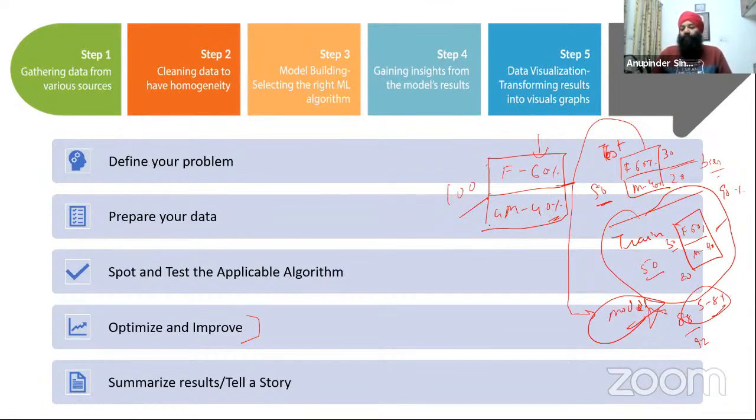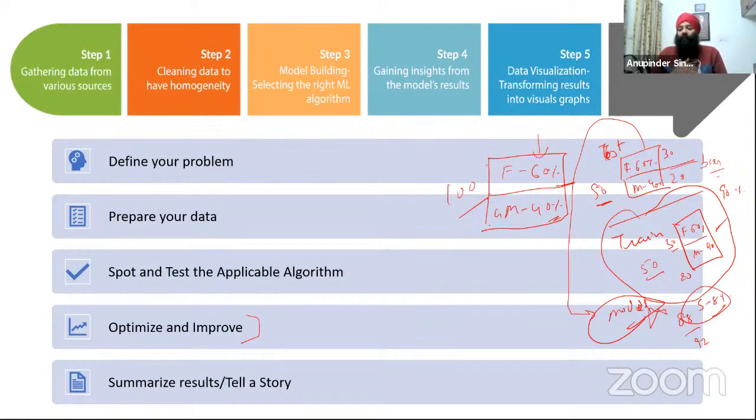If it is a visualization related project, storytelling is great, whereas if it is summarizing results and so on, it's up to you how you make this step more visual to the user, in terms of giving the solution to the defined problem, right? So these are the five primary steps.